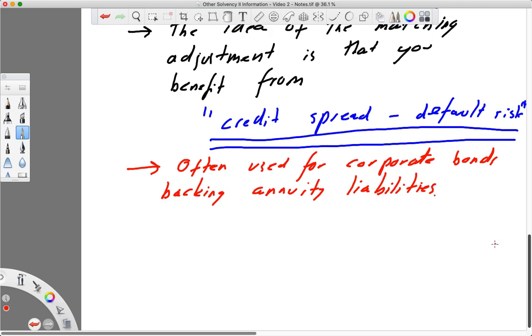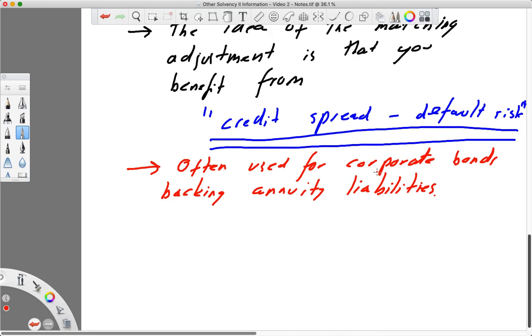So, this is an adjustment if you're choosing to hold things like corporate bonds for your annuity liabilities, and it's trying to recognize the fact that those corporate bonds will give you a yield which is higher than government bonds, than risk-free rates on government bonds.